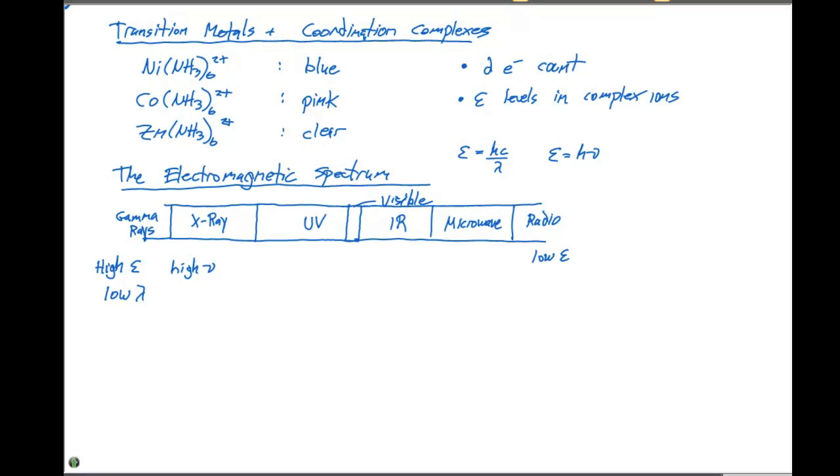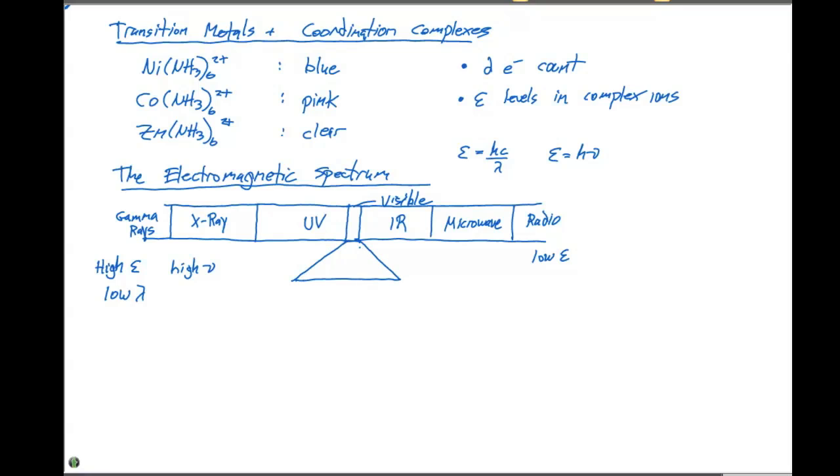One of the things that I want to focus on, in this transition metal analysis, we're going to look at various wavelengths of radiation and why we can visualize the colors that we do. So let's focus on this middle section here in the visible spectrum.